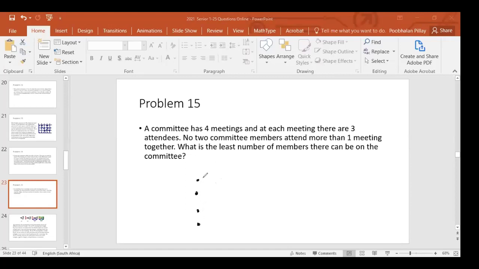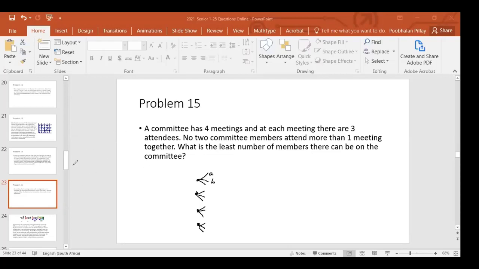In each meeting, there are 3 people who attend. No 2 committee members can attend more than 1 meeting together. So if you have 2 people attending, suppose you got A and B in this meeting, then you can't have A and B together in any of the other meetings. See? So the question is, what is the least number of members that can be on this committee?